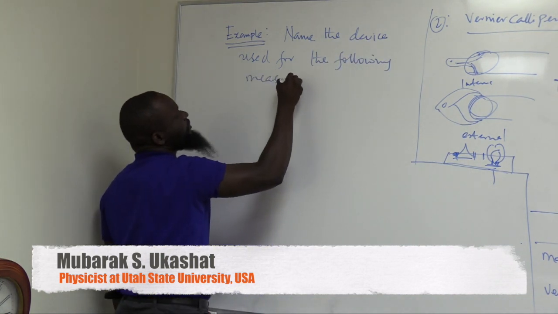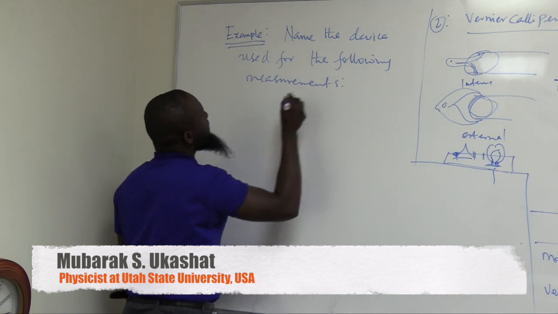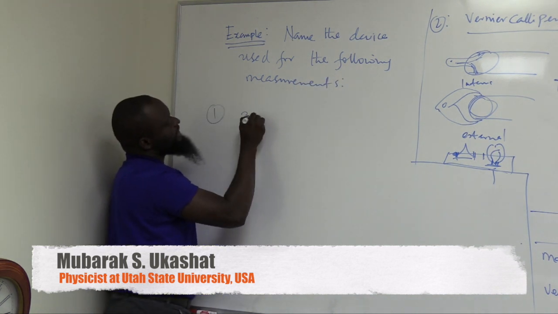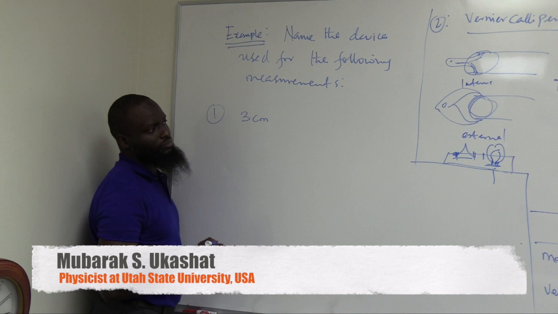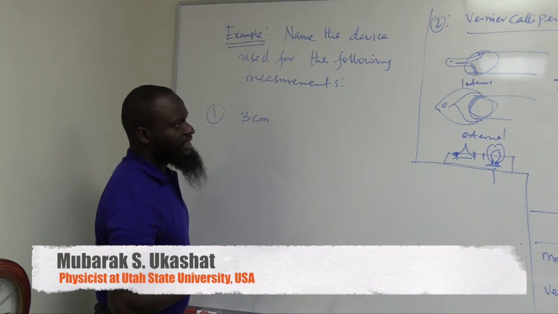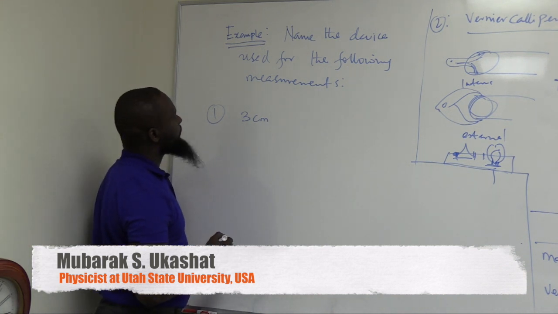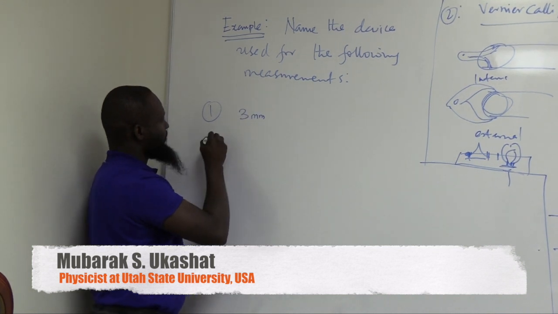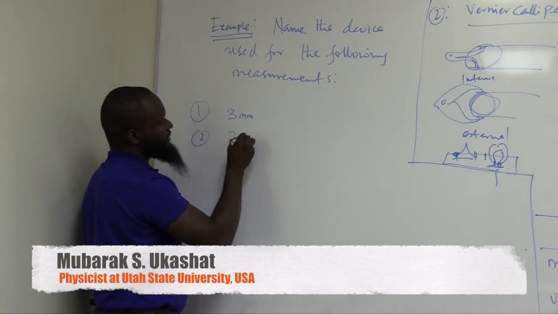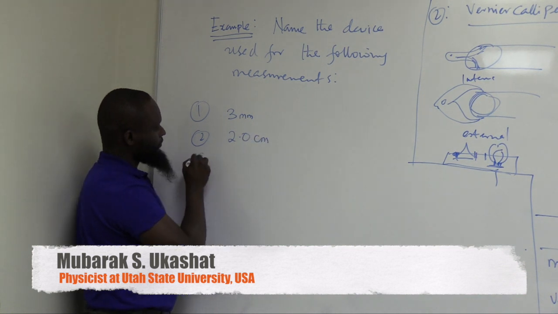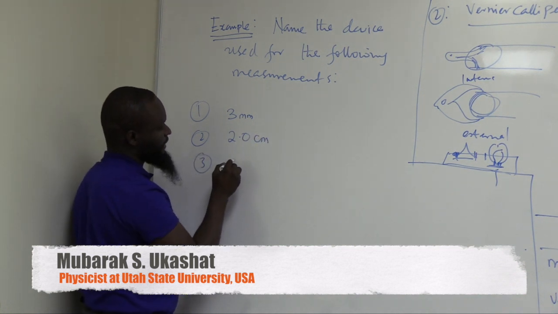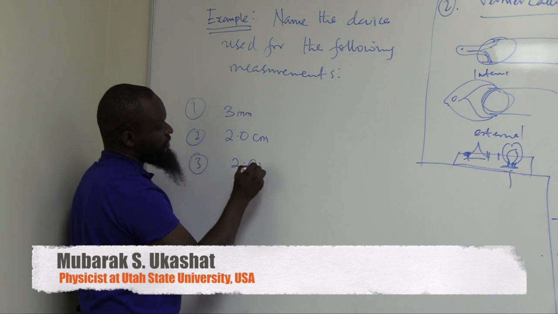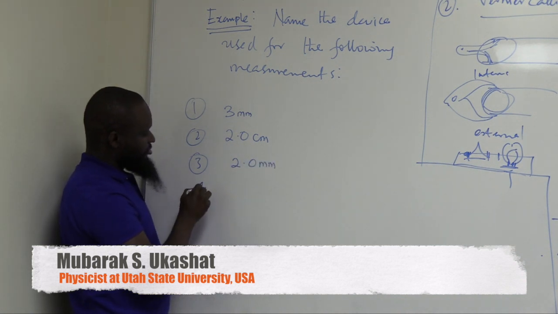So they want to see if you understand the reading accuracy. So number one, I have 3 centimeters. Or let me say 3 millimeters. Number 2, 2.0 centimeters. Number 3, 2.0 millimeters.